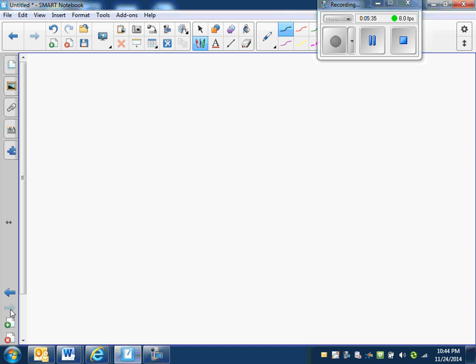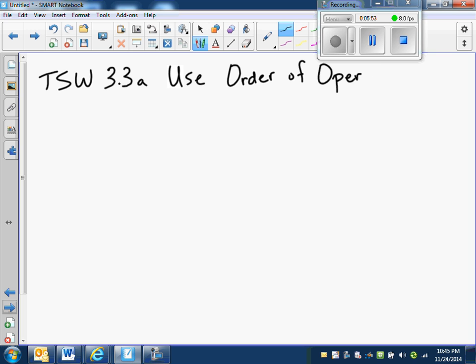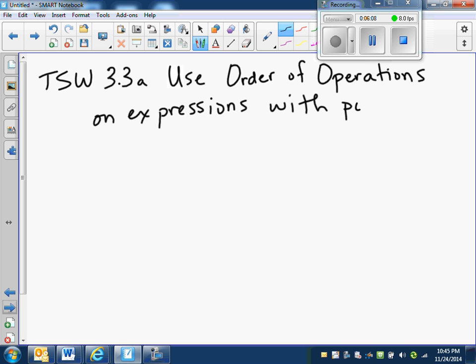It helps you. So in section 3.3, here are a couple of goals that you have. The student will, in 3.3a, use order of operations on expressions with powers.